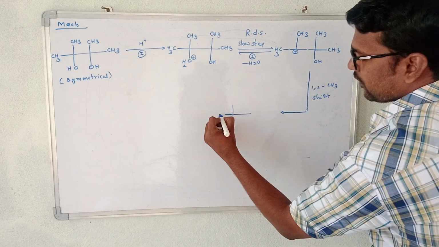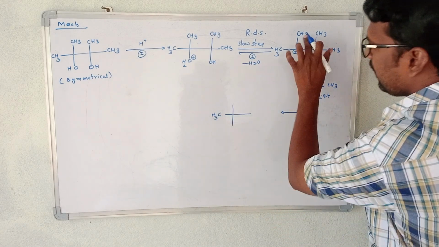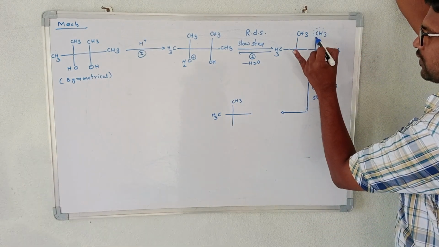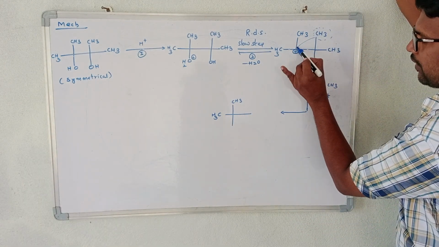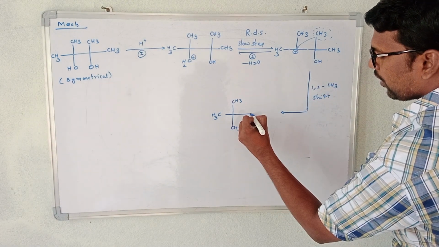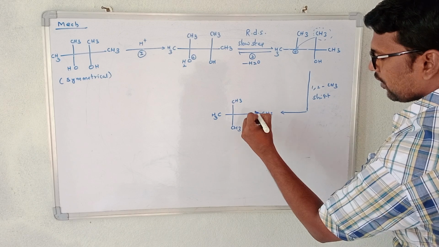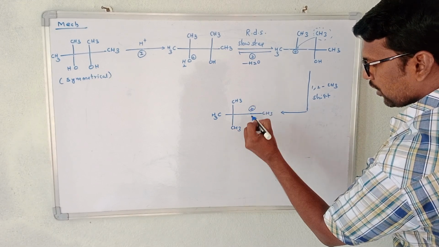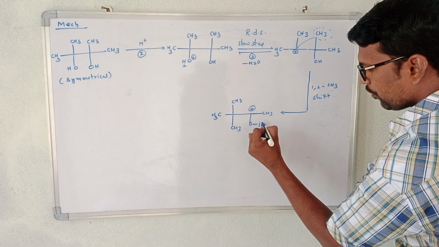You see here a CH3 group can be present, and already a CH3 group is present. Now one of the CH3 groups is migrated to this side. Now here remaining CH3, positive charge is present, and here the OH group is present.